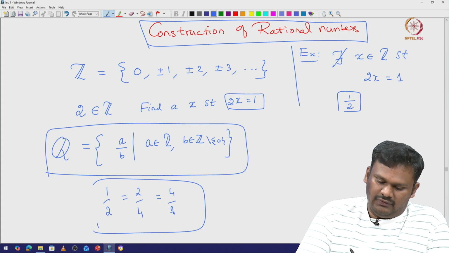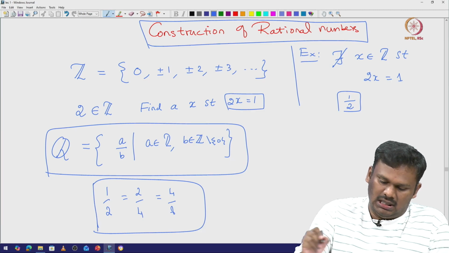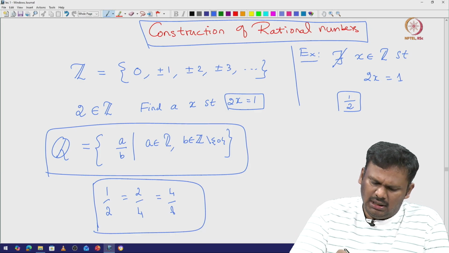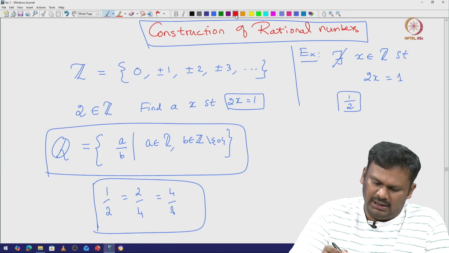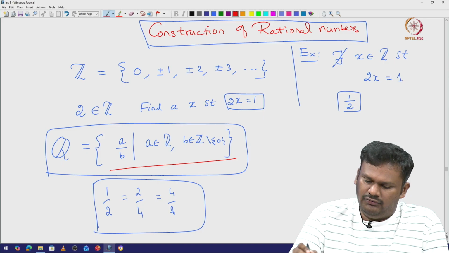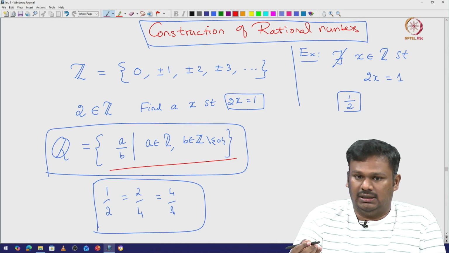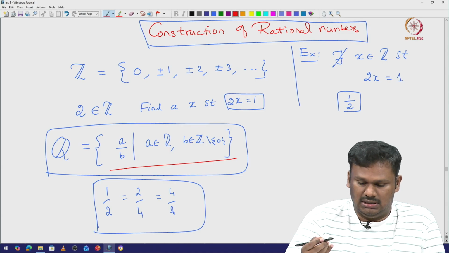So, if we are starting with integers and want to construct rational numbers, this way of interpreting rational numbers suggests that we should consider, as before, Z cross Z minus 0, and identify certain elements using some equivalence relation.